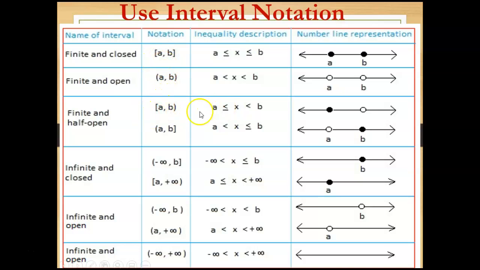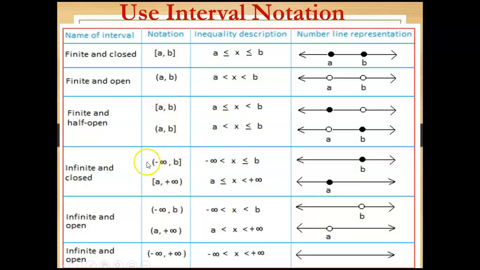Sometimes you have one side open and the other side closed. Here, a is less than or equal to, so the a side will be closed, and x is less than b, so that one will be open. Sometimes they use a dot, open or closed. When you write it, know that a bracket means closed and a parenthesis means open.